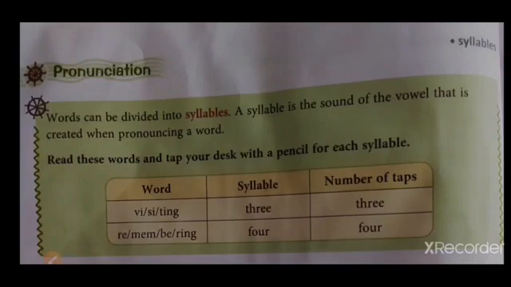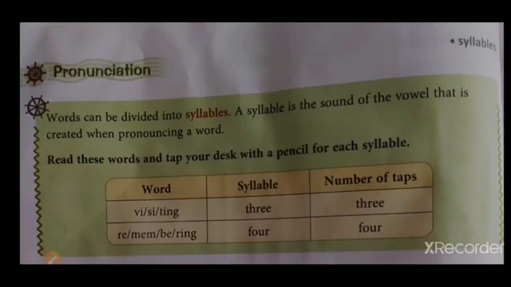Look at the table. Read these words and tap your desk with a pencil for each syllable. Now we are not in the school, so we don't have a desk. Instead of that, we can clap.